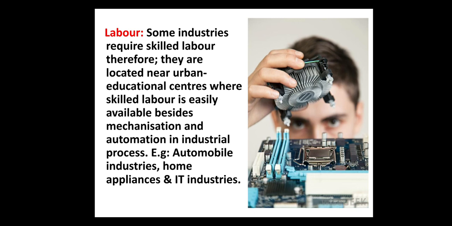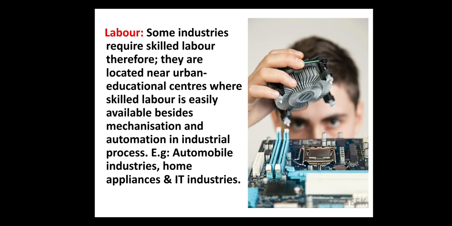The third factor that affects the location of industry is labor. In some industries, they require skilled labor, highly educated skilled labor. Industries like IT, automobile and home appliances need highly skilled labor in order to process and produce better goods.